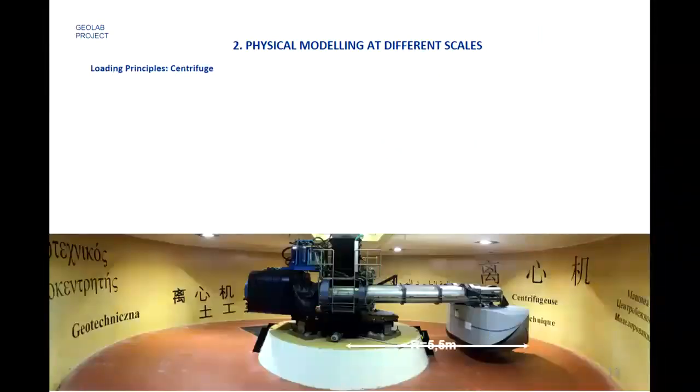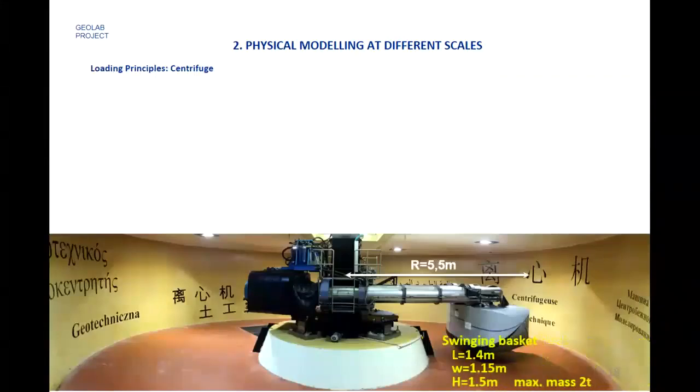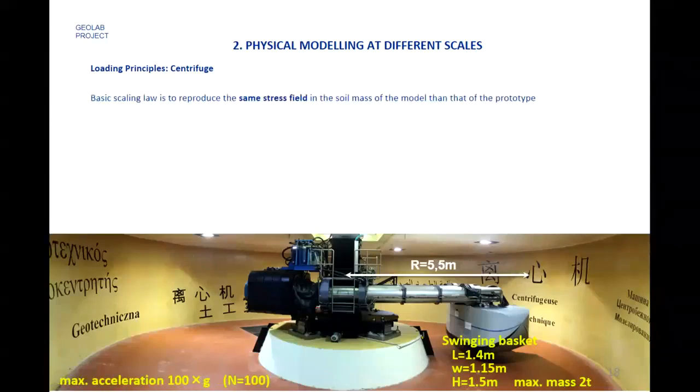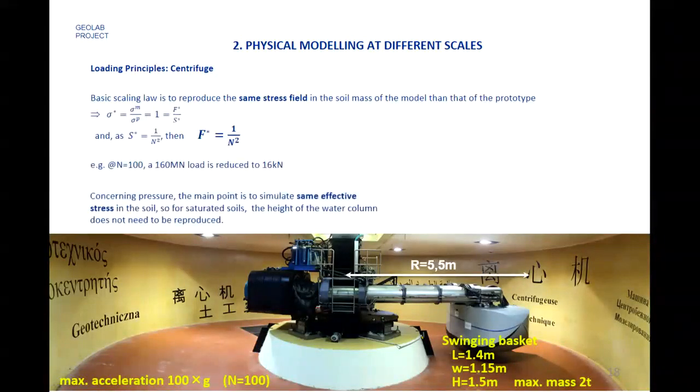Okay, so we have seen this afternoon a nice centrifuge here. There is an older one on the west coast and north. And as mentioned by Professor Yanis this morning, one of the great advantages of a small-scale model in centrifuge is that the forces needed to be applied on the structures are reduced by the factor of 1/n squared.